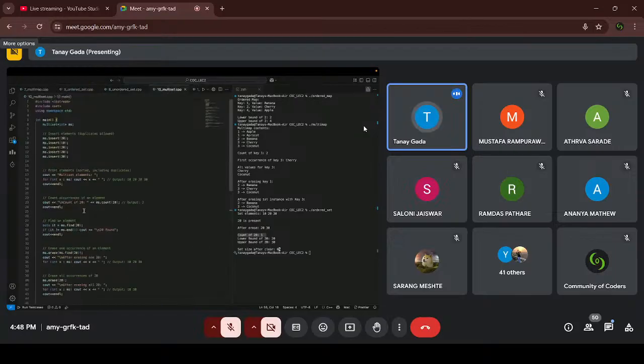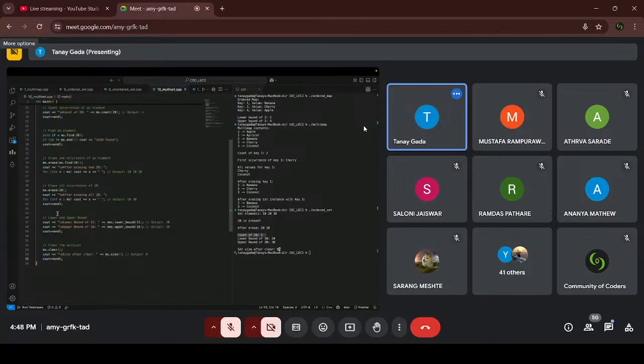Multi-set, we can see like multi-map. It allows us to store duplicate elements. And the main thing here is the same as we discussed in multi-map, erasing the element. There are two ways through which we can erase an element. It's through the key and it's through the iterator. If we use the key, it erases all occurrences of that key.